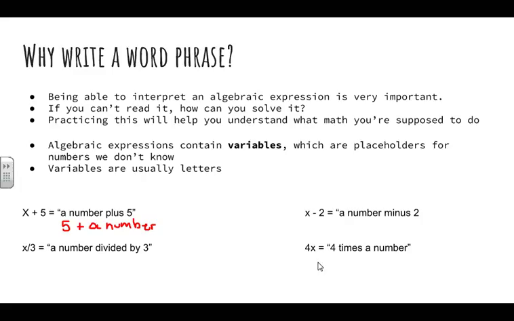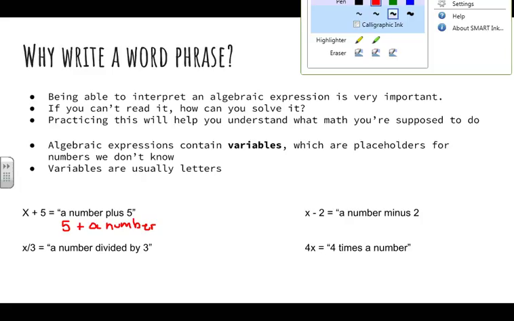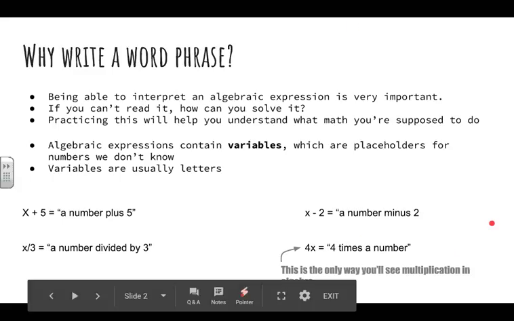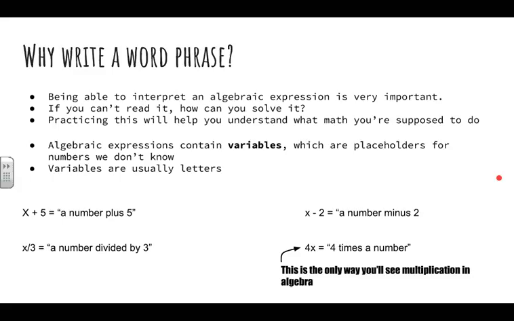All right, and this here, 4x, stands for 4 times a number. Now, I want to make a note here that this, with the 4 right next to the x, is usually the only way you will ever see multiplication in algebra. Sometimes you'll see it with the little dot.